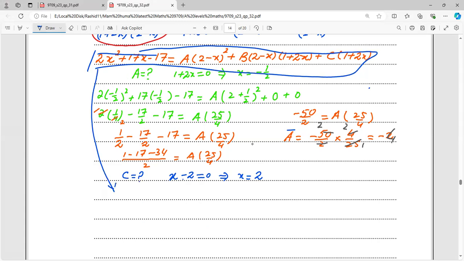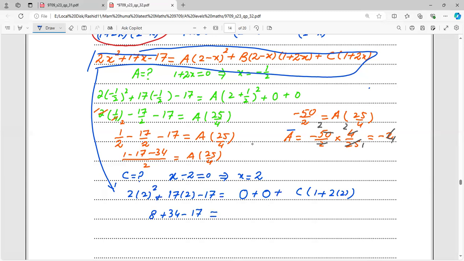2 times 2 square plus 17 times 2, and then minus 17 is equal to, A becomes 0, B becomes 0, and C I will get C into 1 plus 2 multiplied by 2. 2 to the 4, 4 to the 8, 17 times 2 becomes plus 34 minus 17.